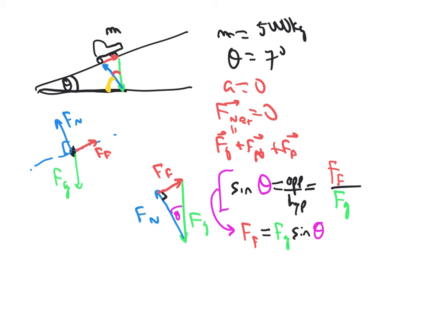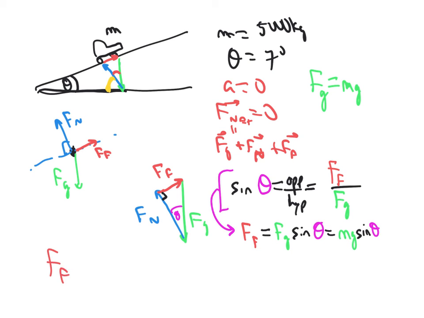And of course, FG, remember out here, we know that we can always do that FG, F sub G, is M times G. So down here I can write FG sine theta equals MG sine theta.